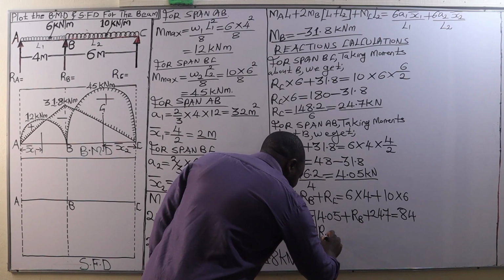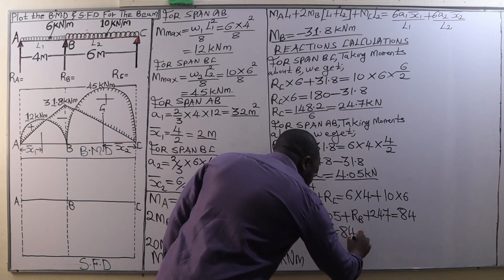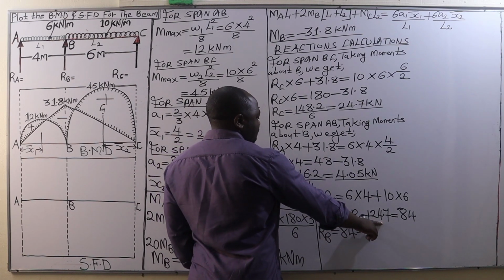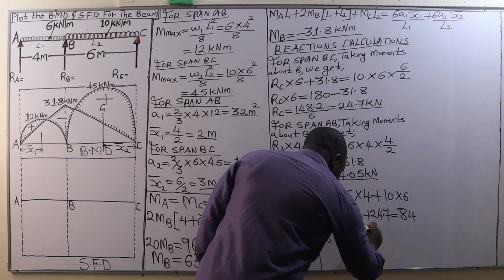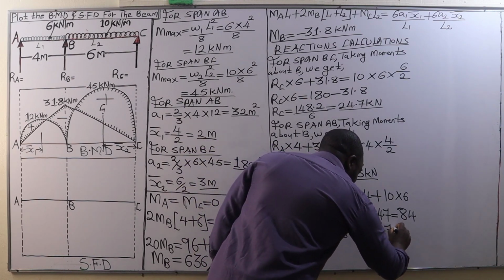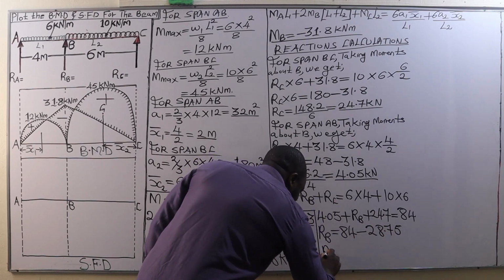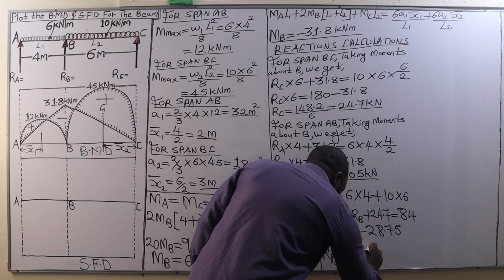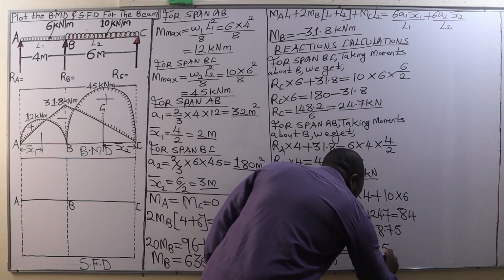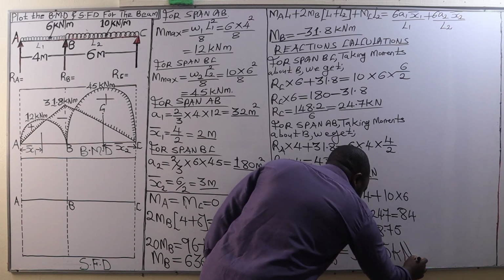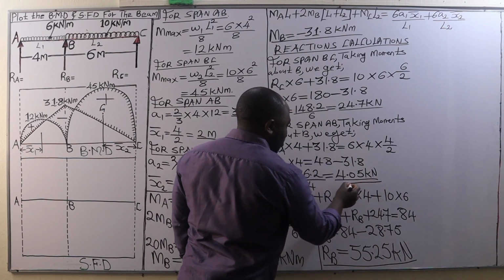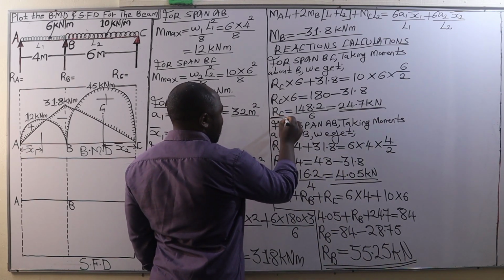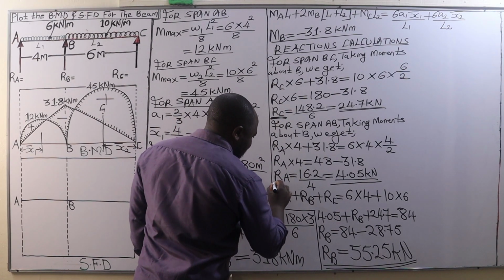So RB will be equal to 84 minus 4.05 plus 24.7, that is 28.75. And the reaction at B is going to be equal to 55.25 kilonewtons. And that is how we determine the values of all the reactions, that is the reaction at A, reaction at B, as well as reaction at C.